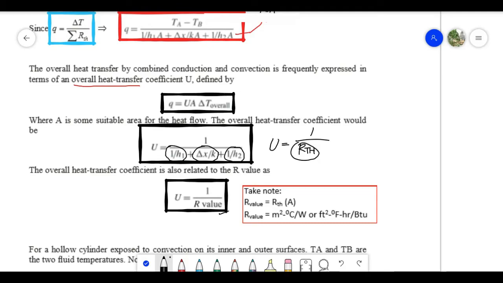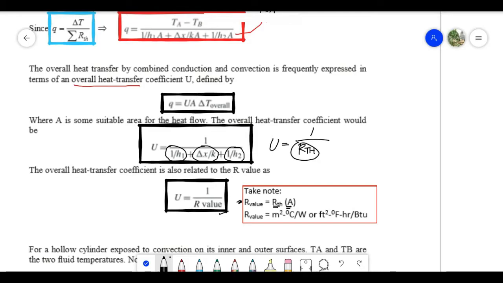And then, may take note tayo dito. Dito natin makikita na ang R value is total thermal resistance times area. Yan po. Para hindi po malito. Wherein R value, meron tayong unit na meter squared times degree Celsius over watts, or feet squared degree Fahrenheit hour per BTU.